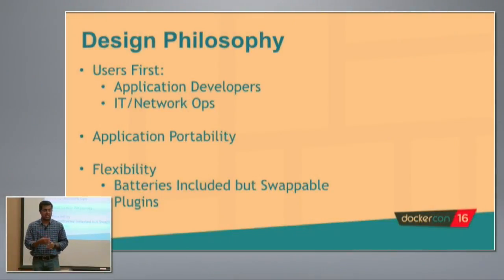And flexibility is paramount for operators, and hence it's pluggable. So we have batteries included, like the drivers that I explained, overlay, MACVLAN, while operators can plug in their own favorite plugins, like a Cisco shop or an Arista shop or a VMware shop. They can use their plugins and make it work.